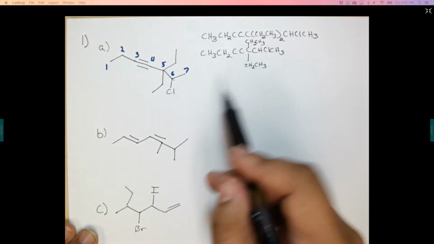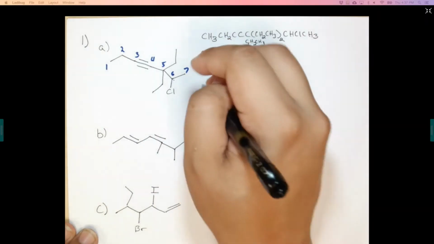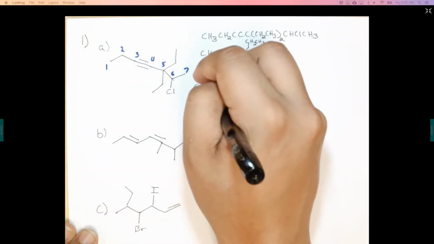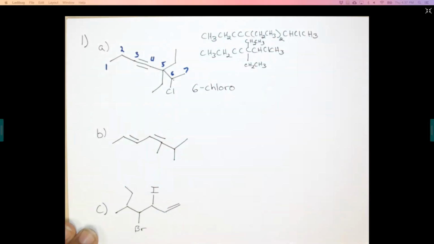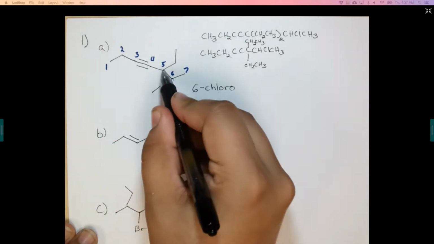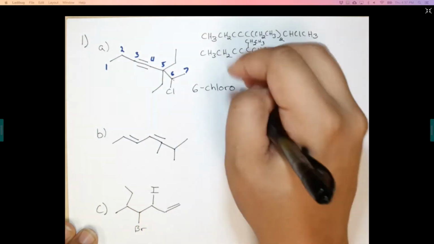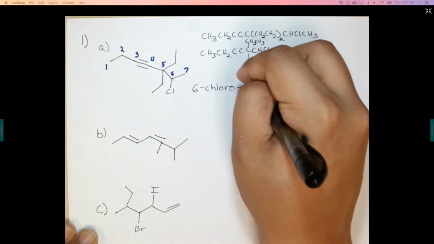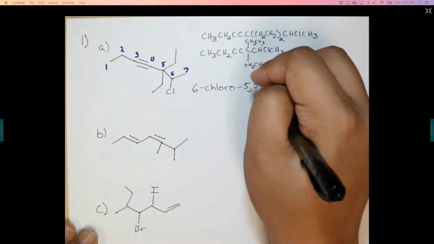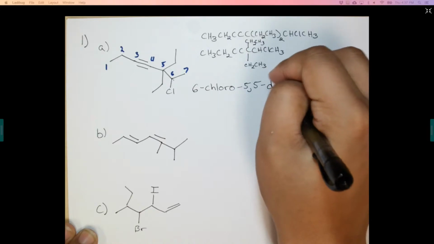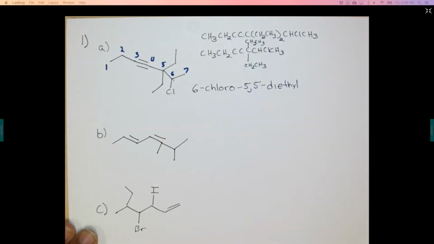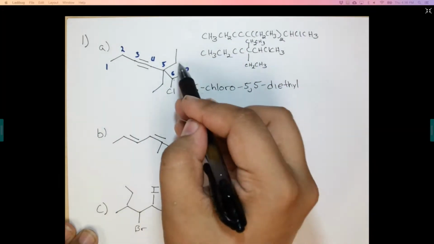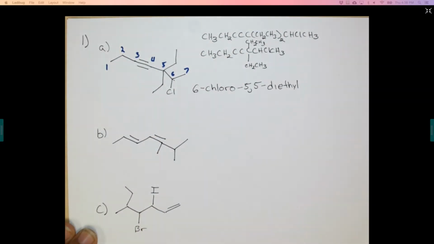So in the nomenclature, remember it's alphabetical order, so we're going to start with 6-chloro, and we've taken care of the chlorine here. 5,5-diethyl, because we have two ethyl groups. And then again, I've shown you can do it two different ways here.